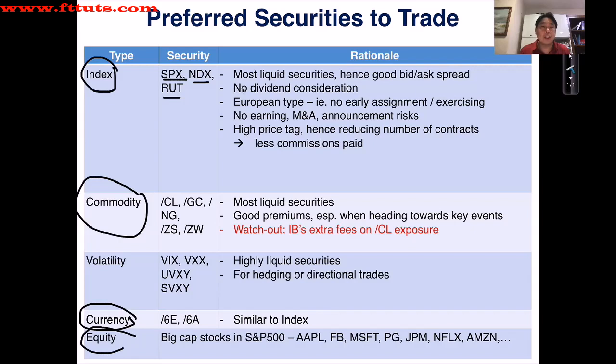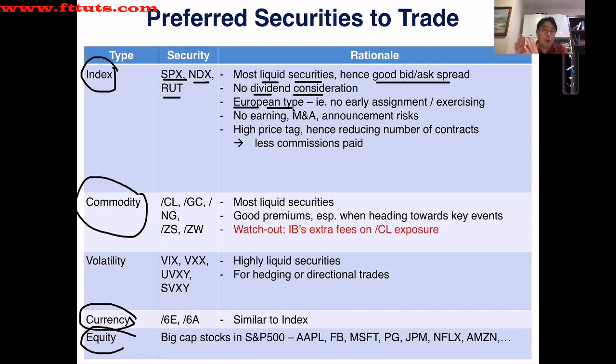So indexes tend to be the most liquid securities with very tight bid and ask spreads. And we don't have to worry about dividends as well. Again, when a stock announces dividend, it could also affect the stock price that we don't really care for. The other thing is that indexes tend to be European type options. There are actually two main kinds of options: American options and European options.